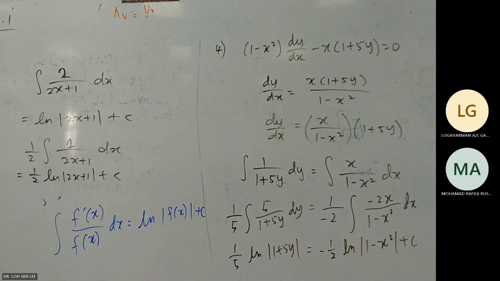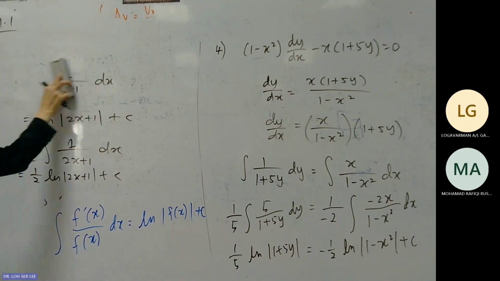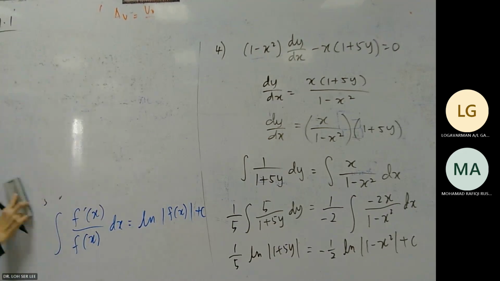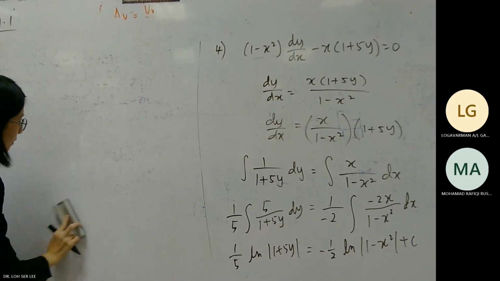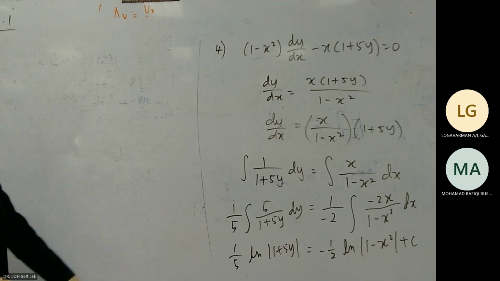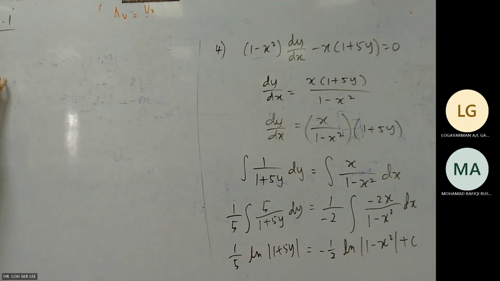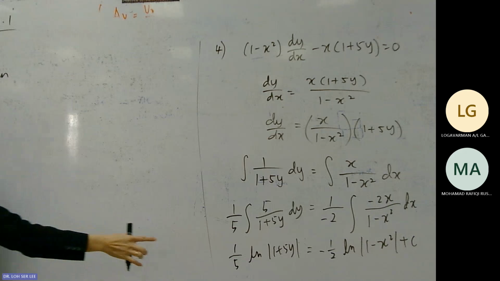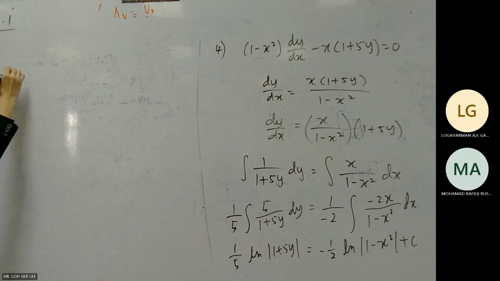You can further simplify by multiplying by 5, moving the 5 to the right.